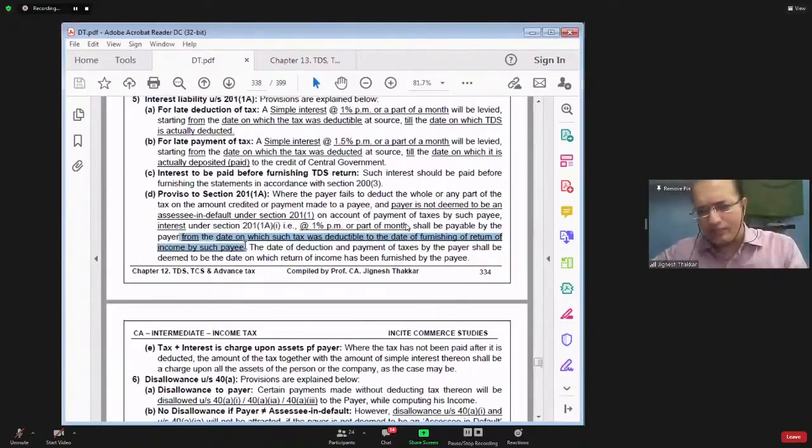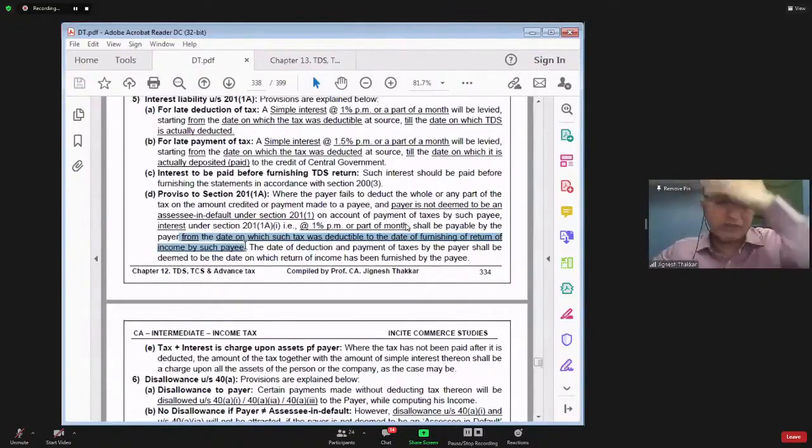Starting date is correct, from the date on which the tax is deductible, and ending date is what? The date on which the payee has filed the income tax return. Because if any tax is payable by the payee, the tax is required to be paid before filing the income tax return. So the day on which the payee is filing the income tax return, whatever outstanding tax might be there, he would have paid.